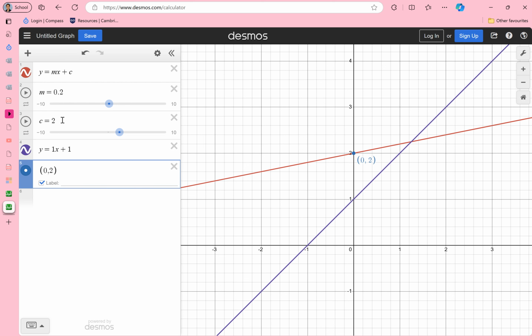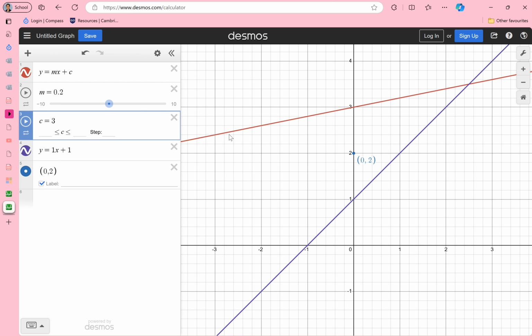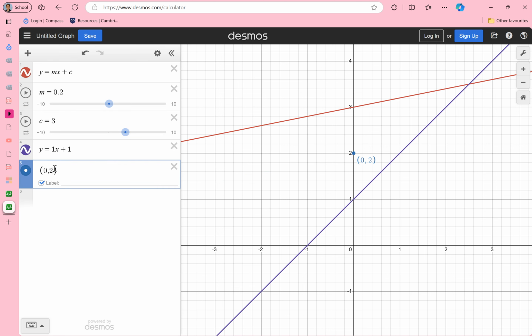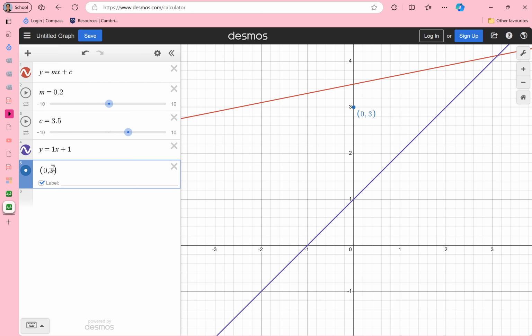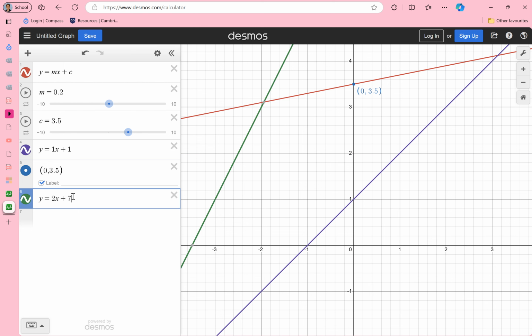So if I change this to be 3, then the y-intercept now is at 0, 3. If I change the y-intercept to be 3.5, then the y-intercept now is at 3.5. Can you see that? So C, whatever equation you come up with, if I wrote y equals 2x and I say plus 7, I know the y-intercept is going to be at 0, 7.